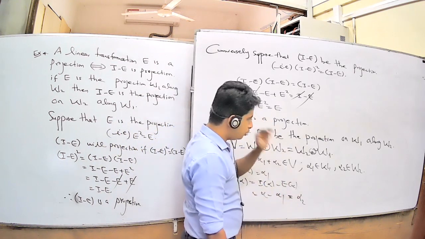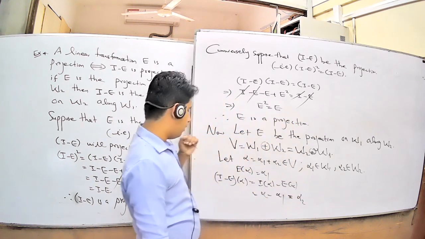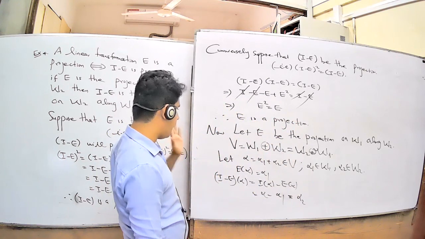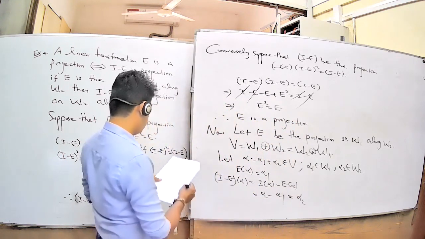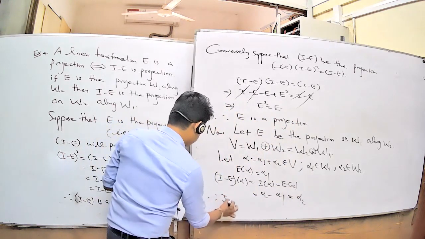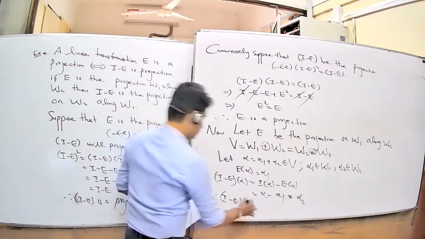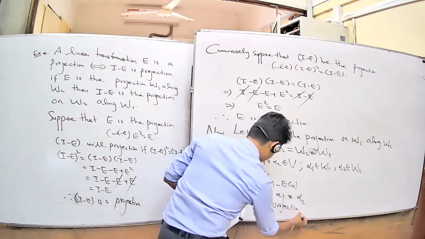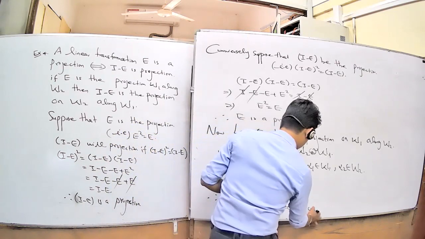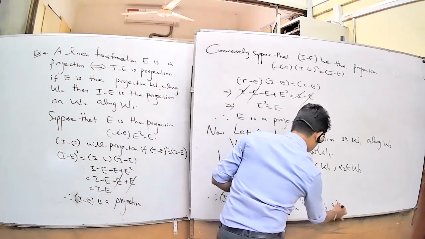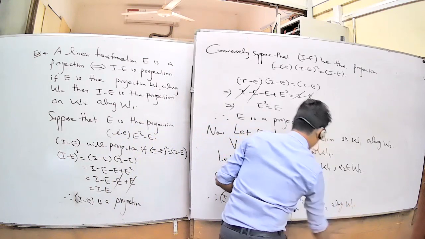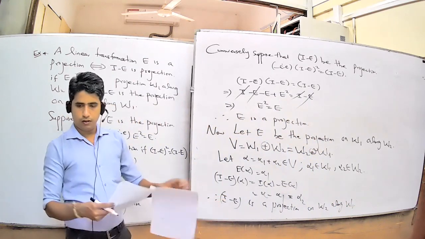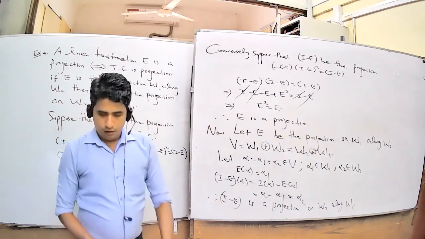Therefore, I minus E is a projection on W2 along W1. This is a very important part.